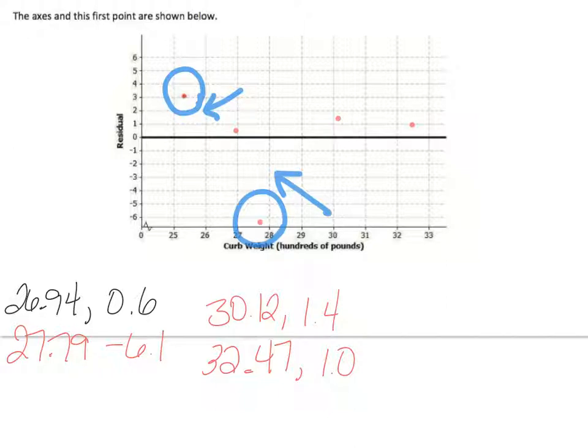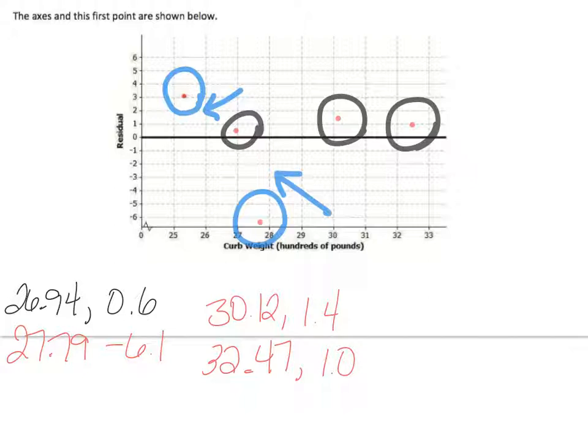These second, fourth, and fifth dots were pretty close to the line fit. So it makes sense that they would hug the 0 axis pretty tight. The ones that are further away from the line fit will be further away from the residual. They'll always be on the top or the bottom, depending on where they are on the line fit graph, the scatter plot. And I think that's all.